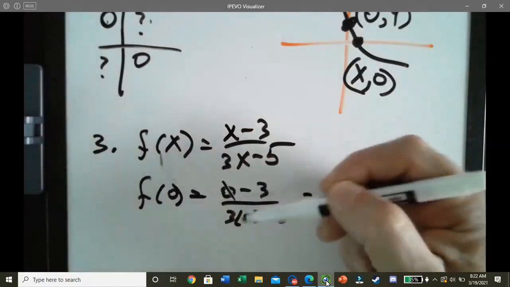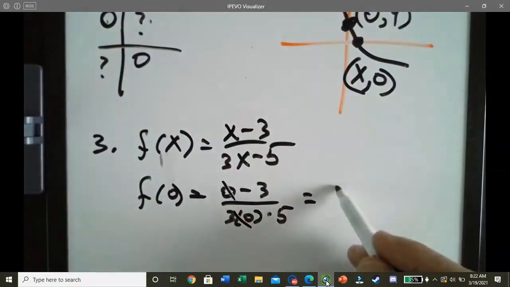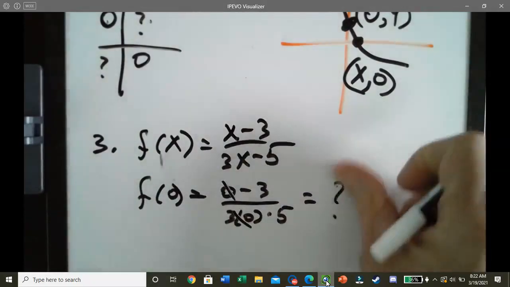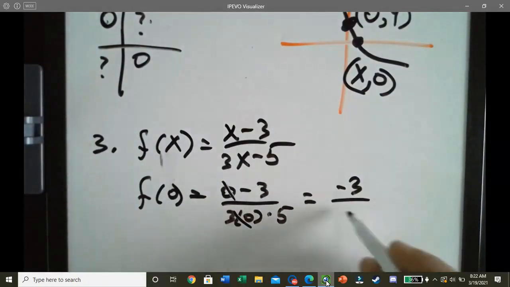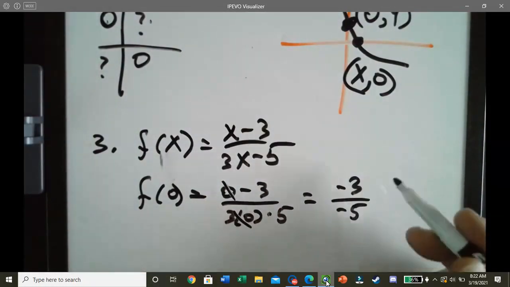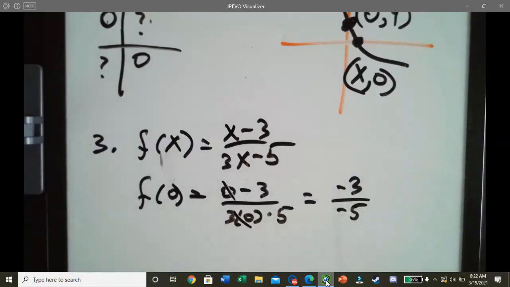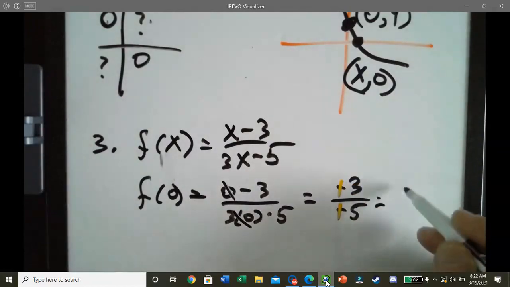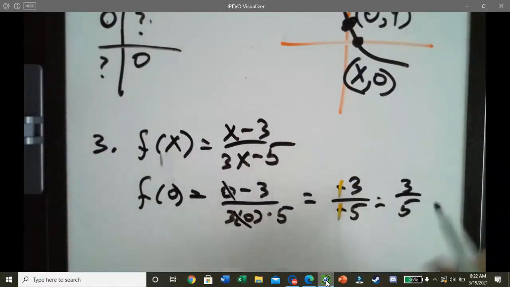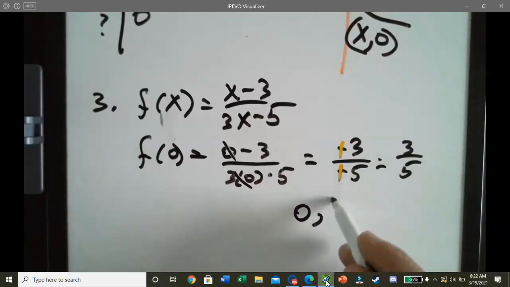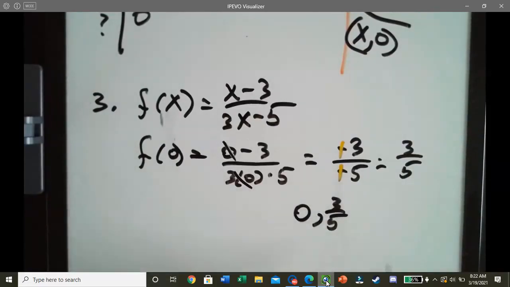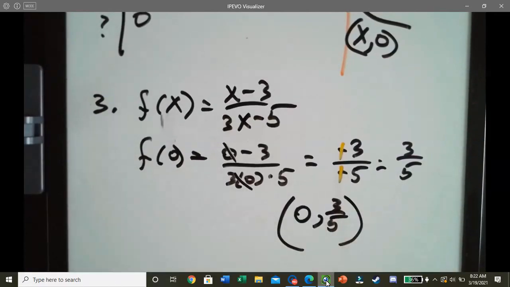And so the zeros go away, right? And what's left? Negative 3 over negative 5. Well, negative divided by negative is a positive. And so our y-intercept is x is 0, y is 3 over 5. And that's our answer. Okay? That's all they wanted us to do.